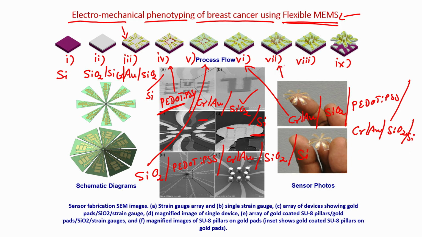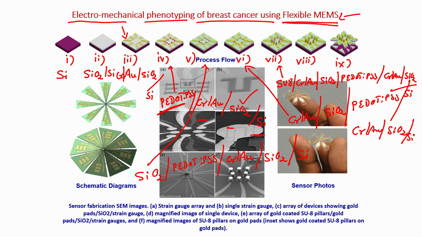Seventh step will be SU8 pillars on chrome gold on silicon dioxide over PEDOT:PSS, that is your strain gauge, over chrome gold over silicon dioxide over silicon.